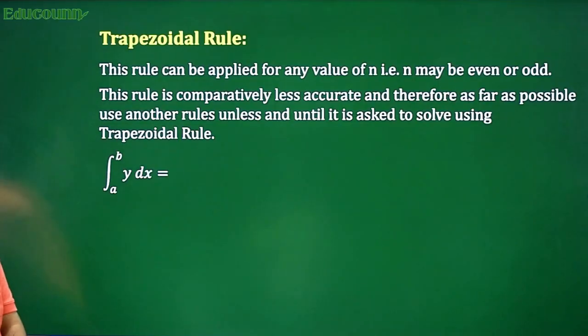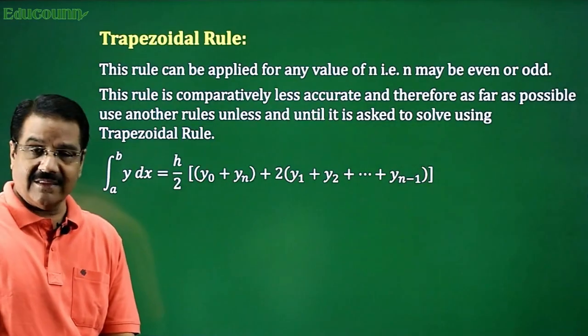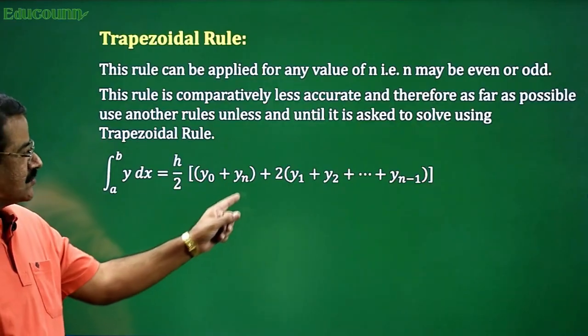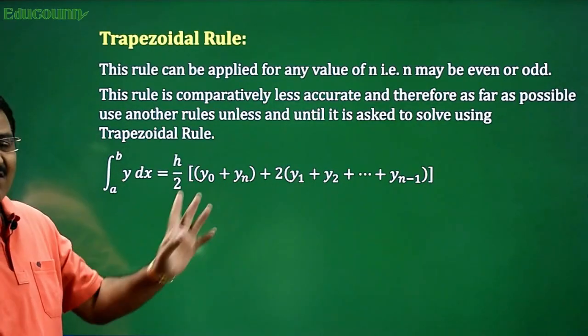Now what is the formula for that? See this formula: ∫y dx = h/2 [y0 + yn. What do you mean by yn? The last reading of y, and plus 2 times all readings in between the initial and final reading.